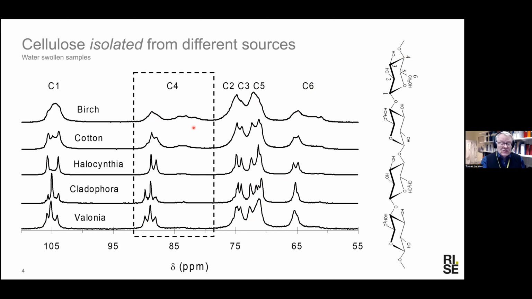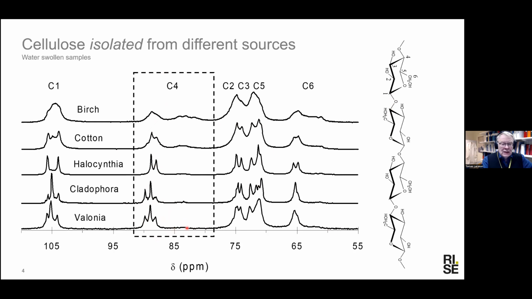So that's the information we seek, and the spectra look different, although all of these materials are made of the same polymer. So obviously it's about how polymers are packed together that gives these differences. That's the supramolecular structure, and that's what we want to obtain information about.